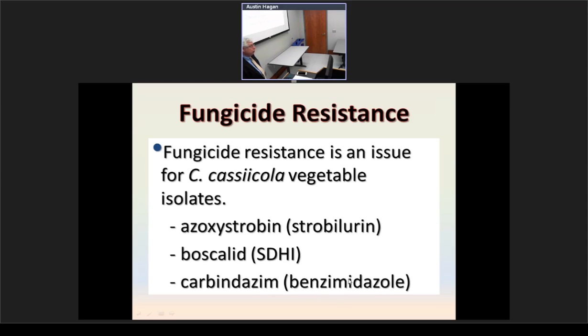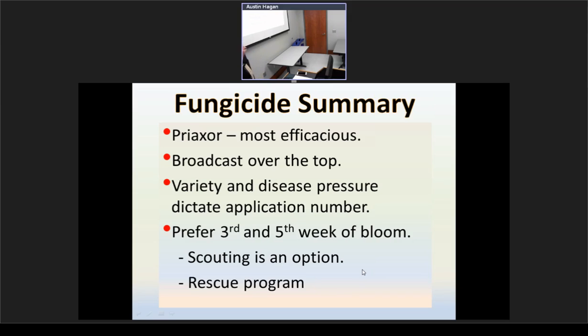So there's a good argument out there to come up with alternative control measures other than fungicides, or if we use a fungicide, to make sure they're properly timed and used at the right rate in order to reduce the risk that we're going to select for isolates that are resistant to these, generally speaking, fairly effective fungicides we have in the marketplace.